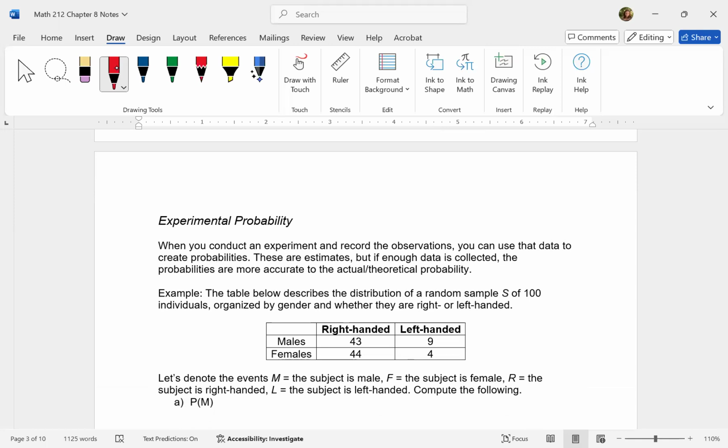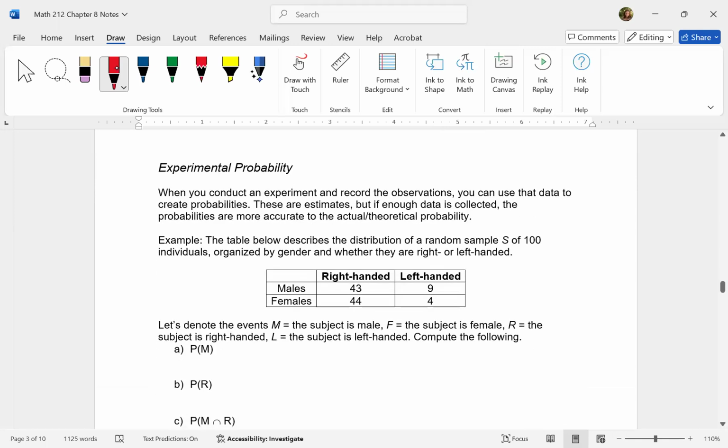Using the denotations M, F, R, L, let's find the probability of M. So we should probably find the total here. Let's see, 43 plus 9 is 52. Oh, actually, just kidding. We knew the total was 100. Wow, Allison. Okay, it's fine. But I needed the totals anyways to answer the first question, which is the probability of male.